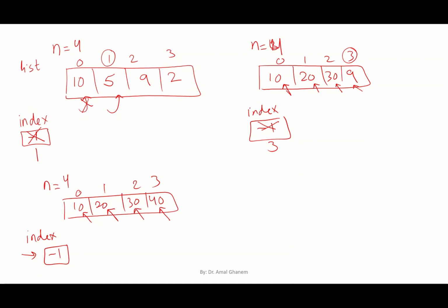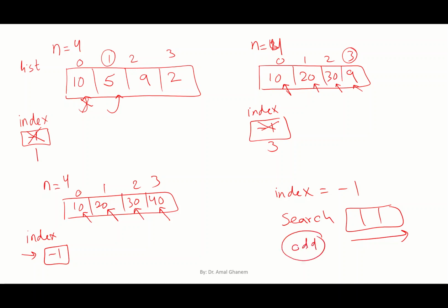So the process is as follows. I will start with index equal to -1, and then I will do a search from the beginning of the array till the end of the array. If you have an odd number, what do you have to do?